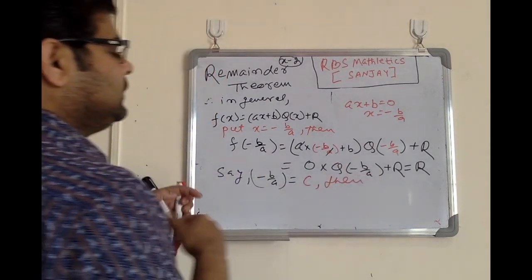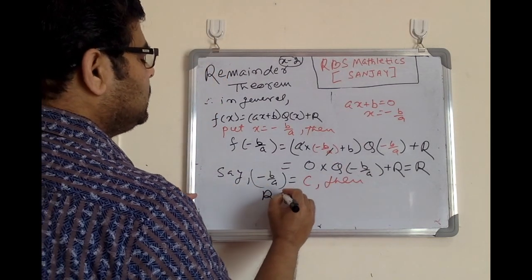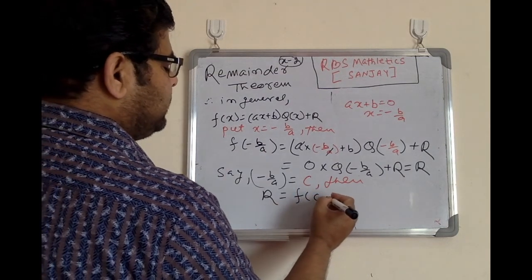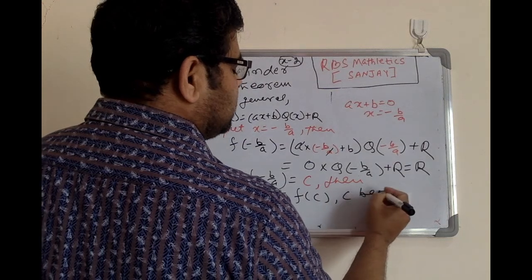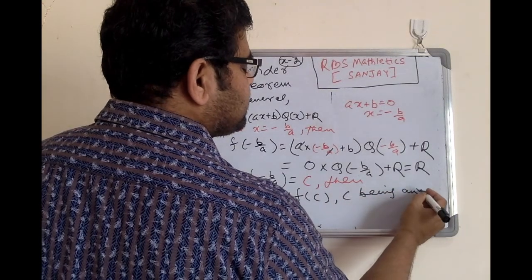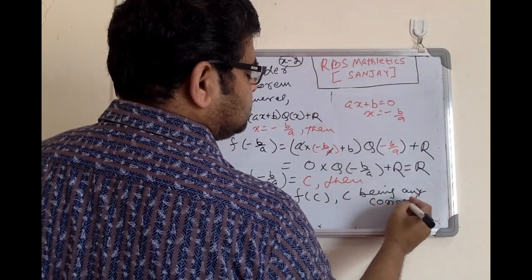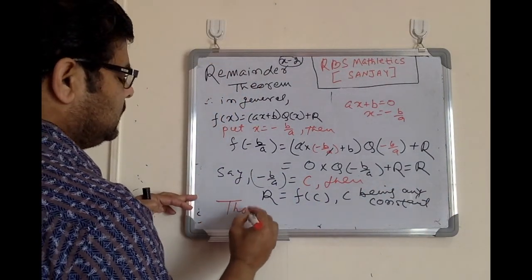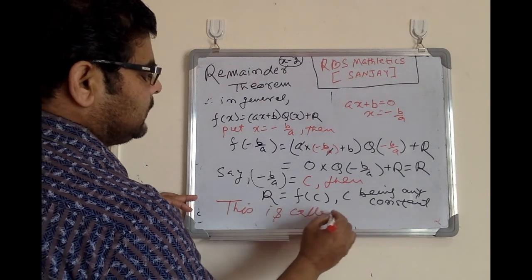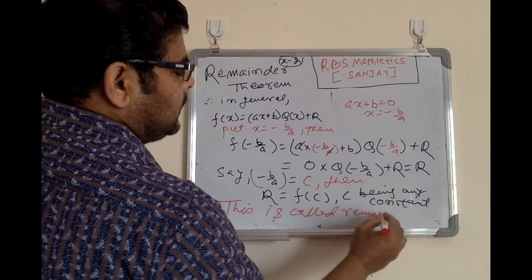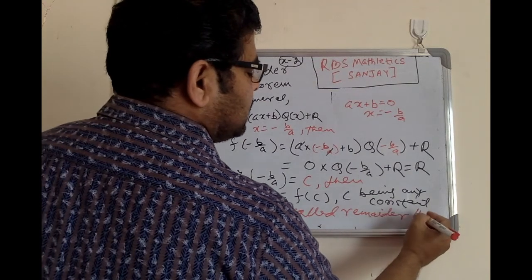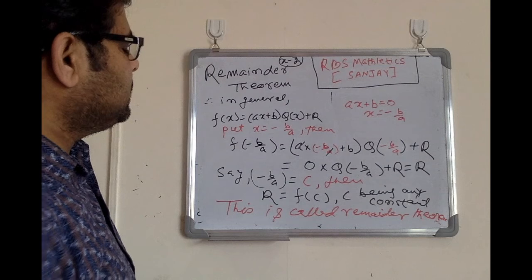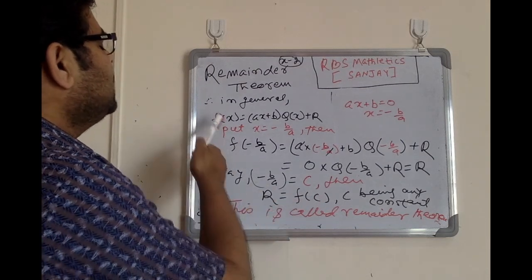Then we can write r equals f(-b/a), meaning we can write f(c), where c is any constant, and this is called the remainder theorem, as we have got the remainder by putting the value c in f(x).